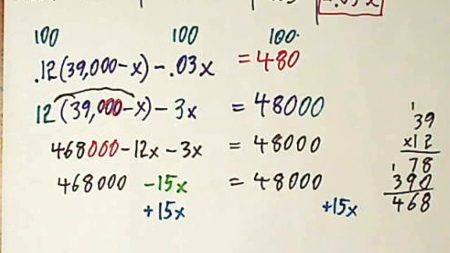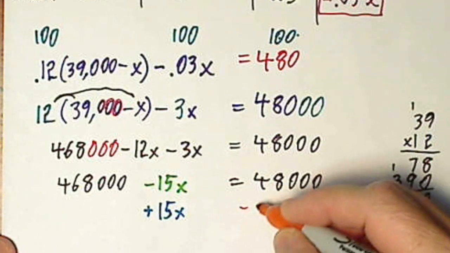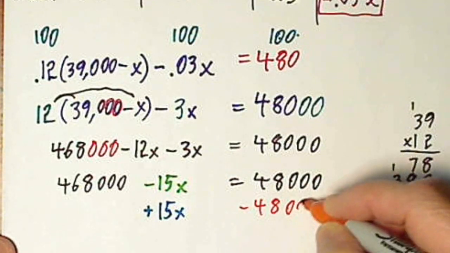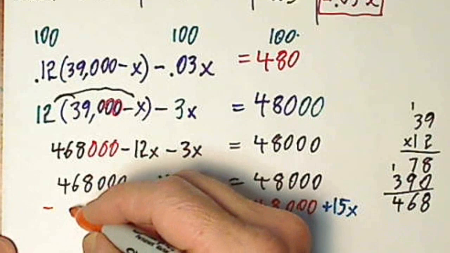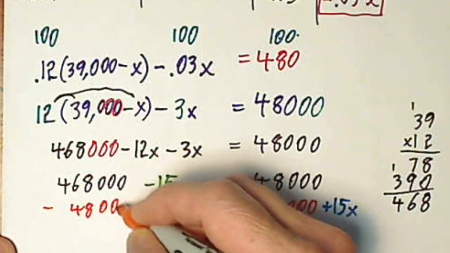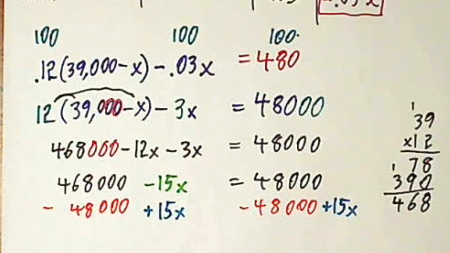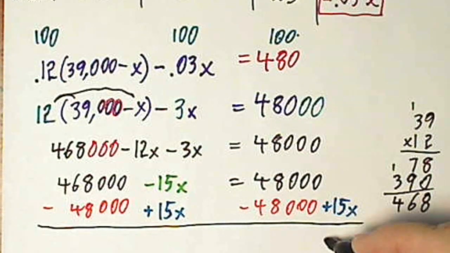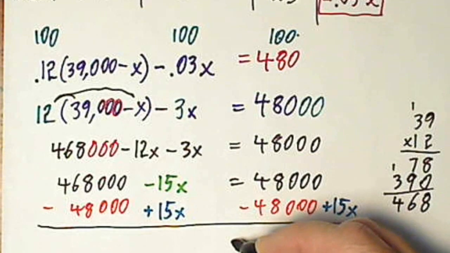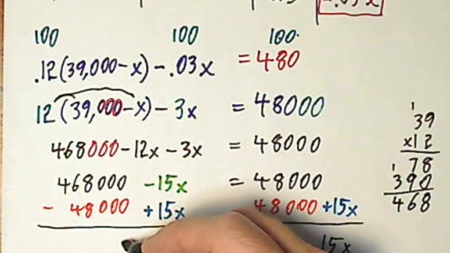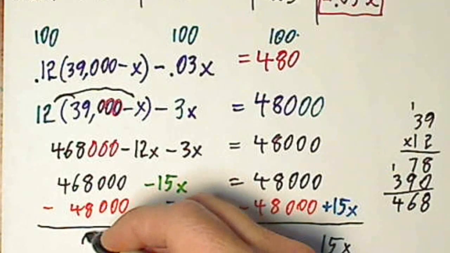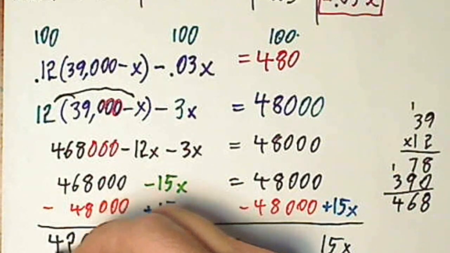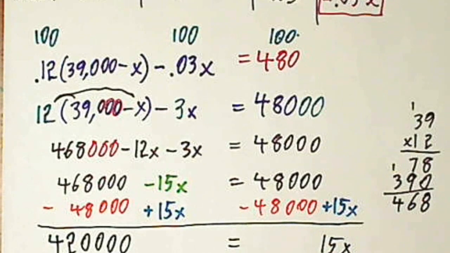And on the same line, I'm going to subtract 48,000 from each side. That'll make life a little bit easier. So this leaves us with 15x. And this leaves us with 420,000.